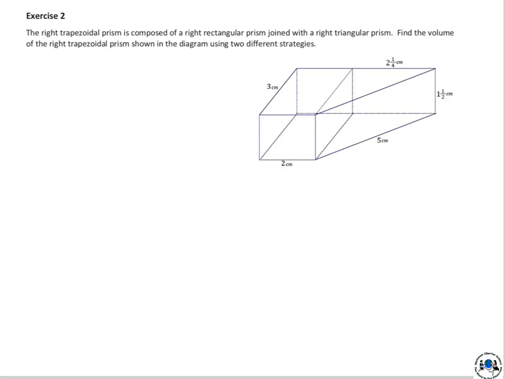Now this one here, the right trapezoidal prism is composed of a right rectangular prism joined with a right triangular prism. This one's a little bit more involved, because it's asking us to find the volume of the right trapezoidal prism shown in the diagram by using two different strategies.